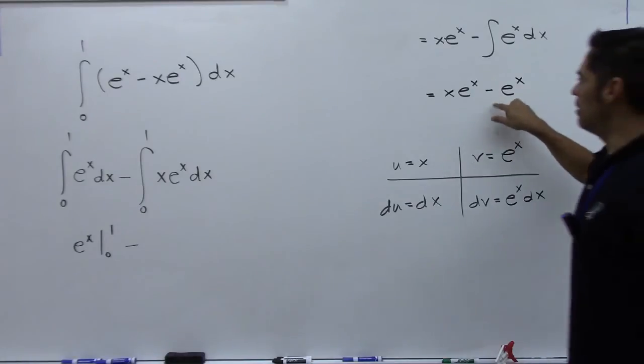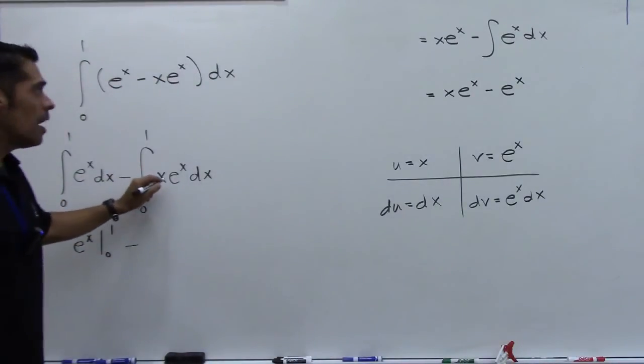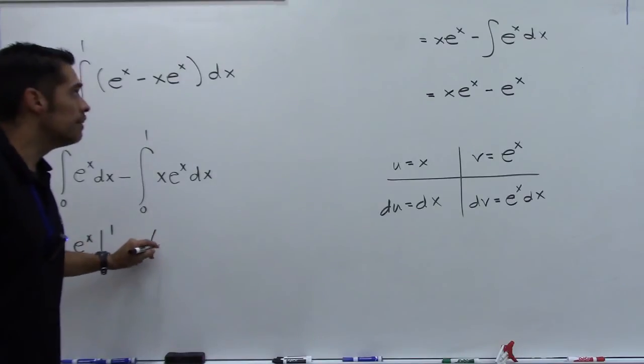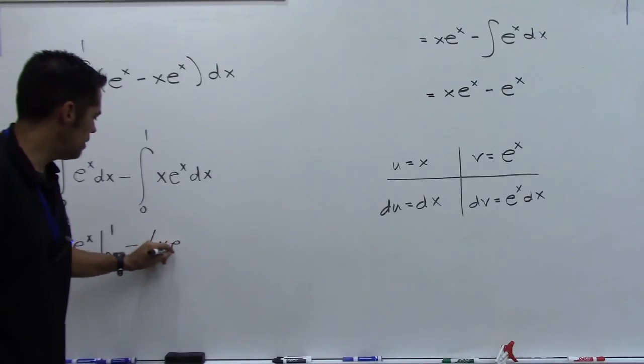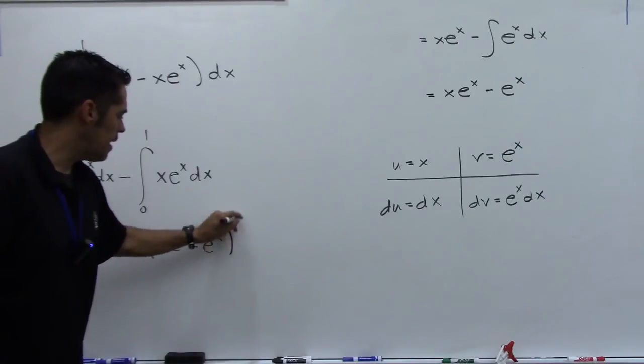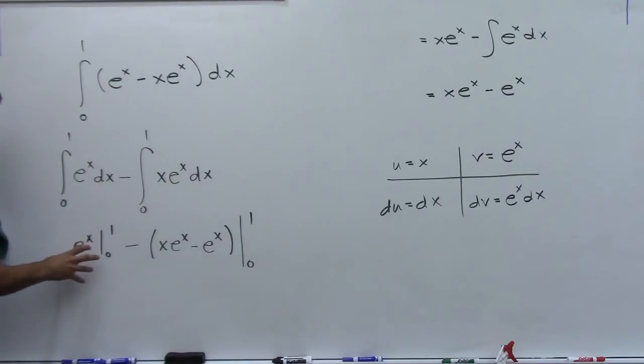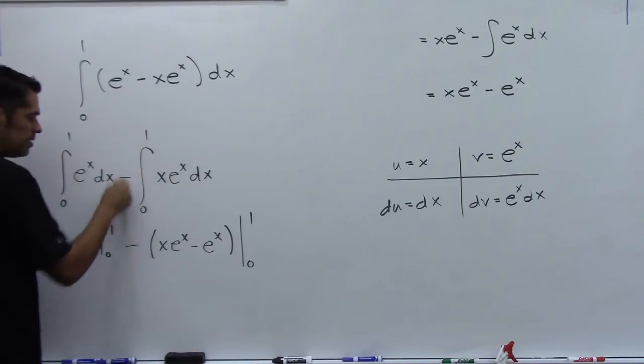So that's the antiderivative of this thing. When I come over here, I put that antiderivative down right here, x e to the x minus e to the x, and I'm evaluating that from 0 to 1. So this integral we could do, no problems, minus, because there was a minus here.